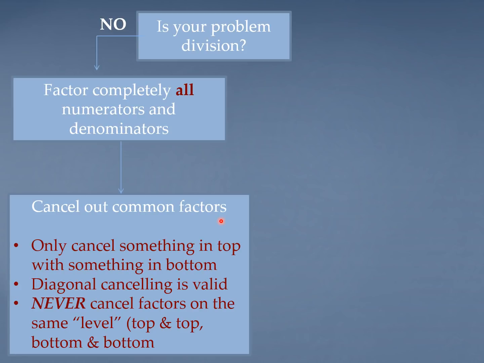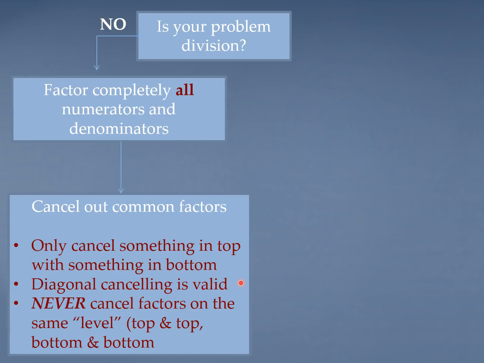You can only cancel common factors if they are in separate levels. They can be in different fractions, that's okay. You could have a common factor that's in the upper part of the first fraction and you have another factor that matches it in the lower part of the second fraction. Those things could be canceled, no problem there because they're in separate levels. So I refer to that as diagonal canceling.